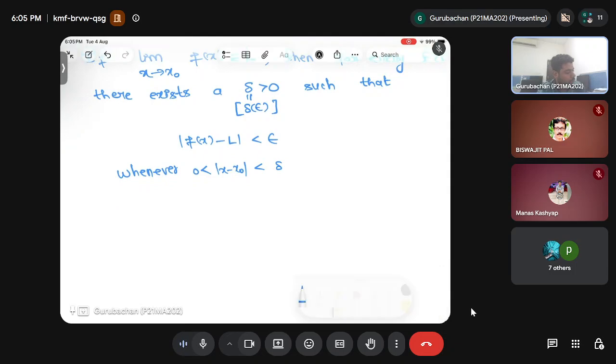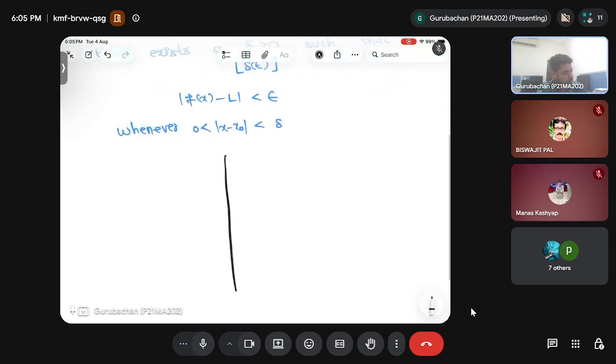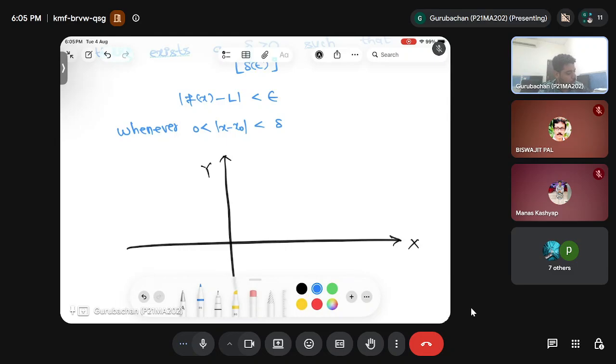So how pictorially it will look like, let me draw that. Suppose this is your f(x) and suppose this is your x naught. What is this meaning?